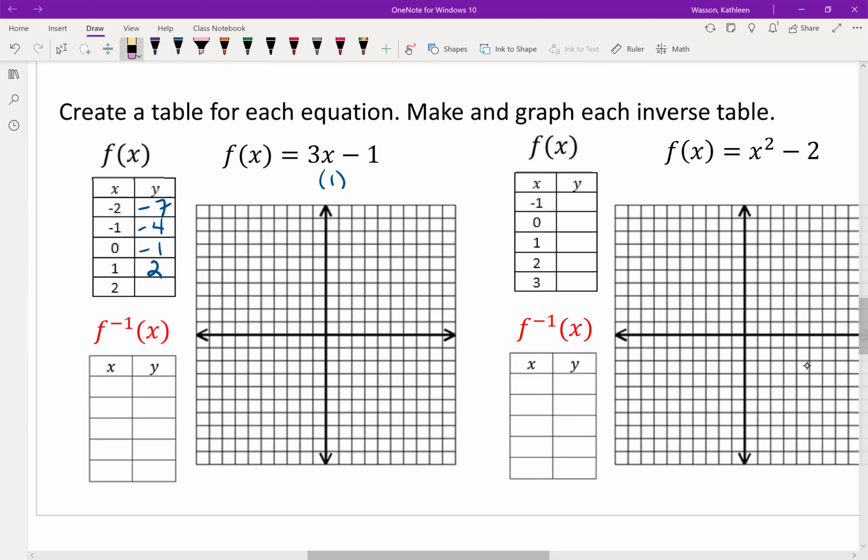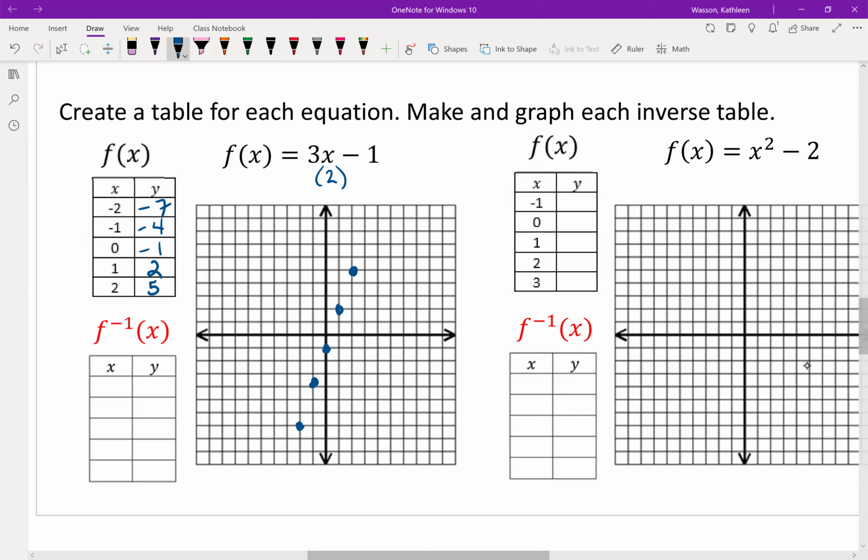When x is 2, I have 3 times 2, 6 minus 1, which is 5. So I can use this table to graph f of x. -2, -7, -1, -4, 0, -1, 1, 2, and 2, 5.